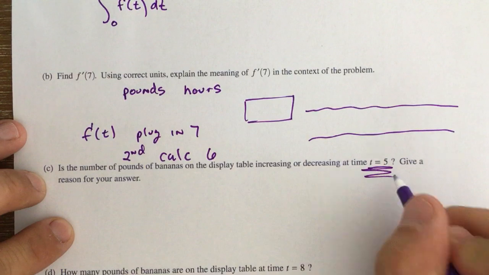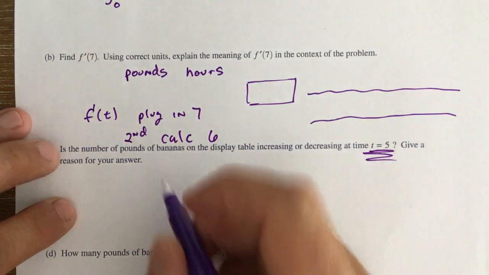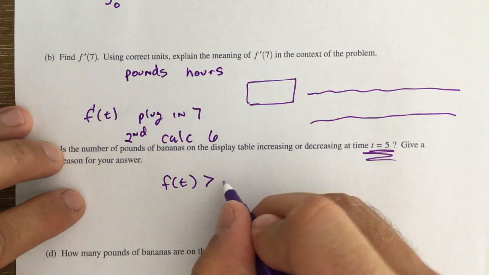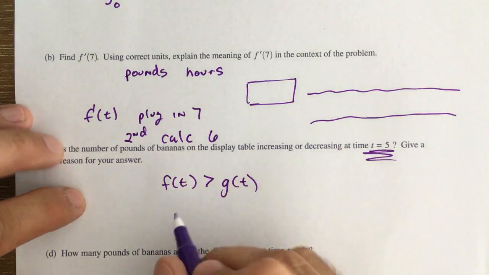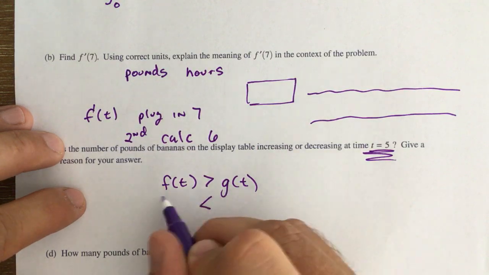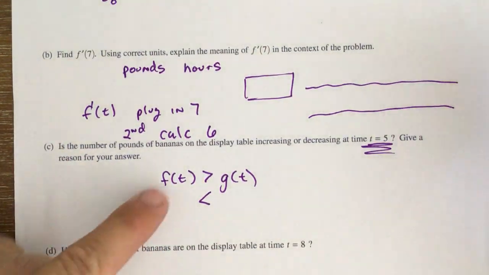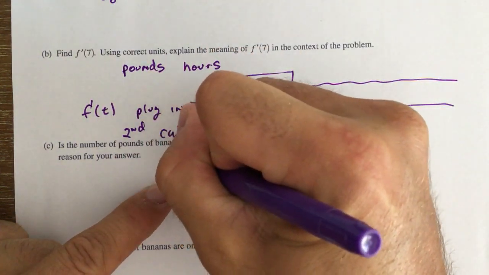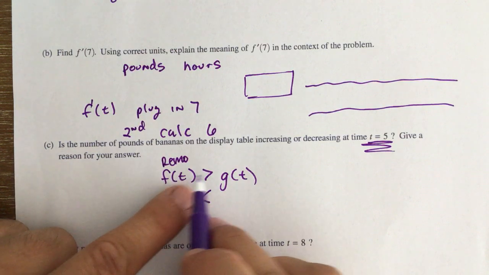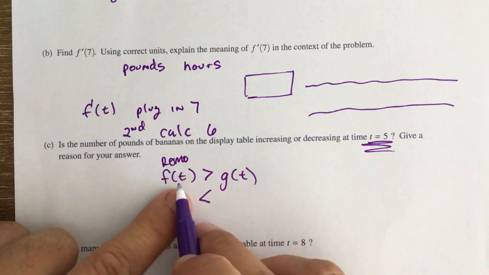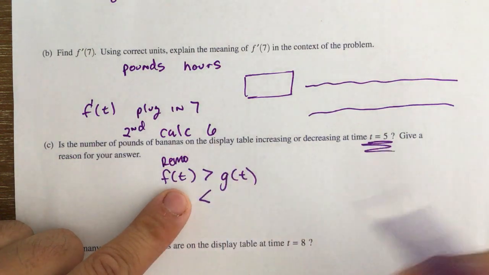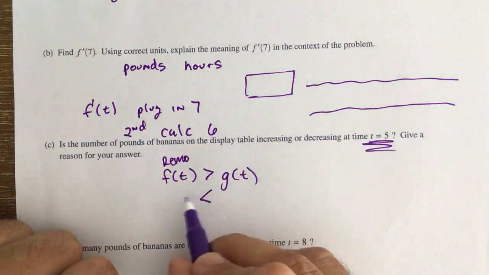We need to figure out whether f of t is bigger than g of t, or whether g of t is bigger than f of t, and f of t is removed. So if it's the first situation, then more bananas are being removed than are being added. That means the number of pounds of bananas on the display table would be going down, right? And if it were the other way around, it would be going up.